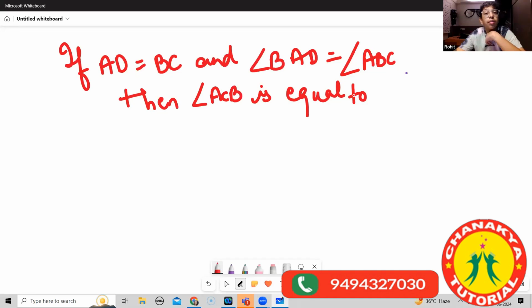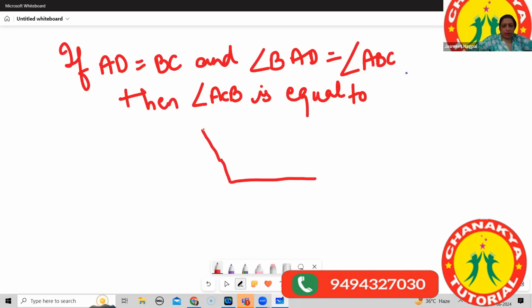Ma'am, this is the criterion triple S being used here, right? Yes. Ma'am, is angle ACB equal to ABD? But I think the figure is like that.